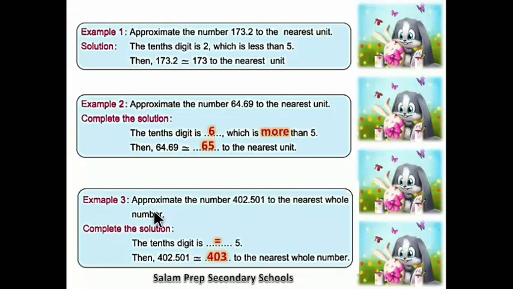Example 3. Approximate the number 402.501 to the nearest whole number. Nearest whole number means nearest units. Please go to units place, okay? Digit 2 in units place.